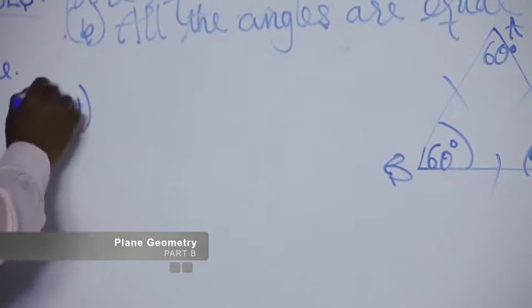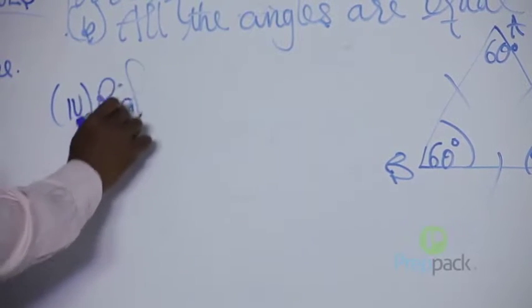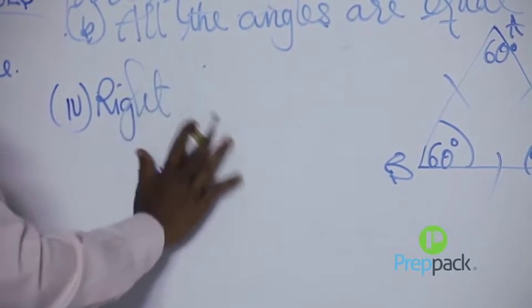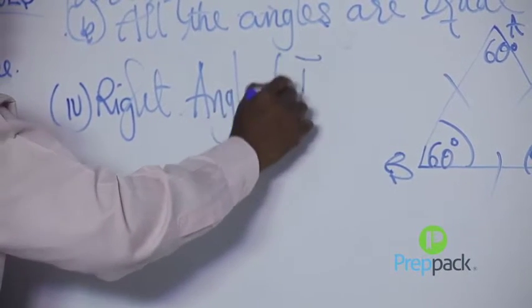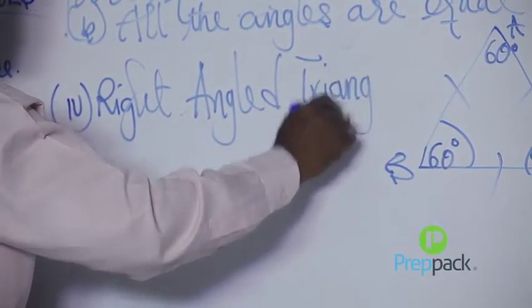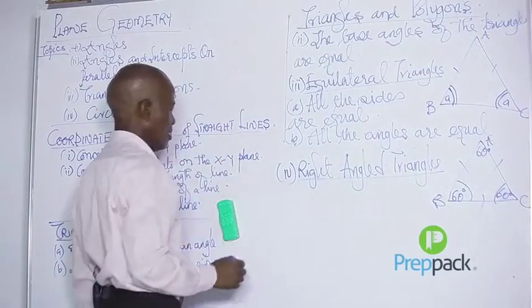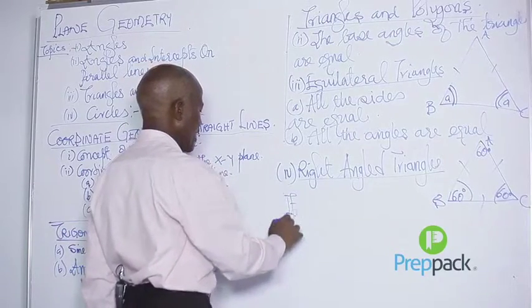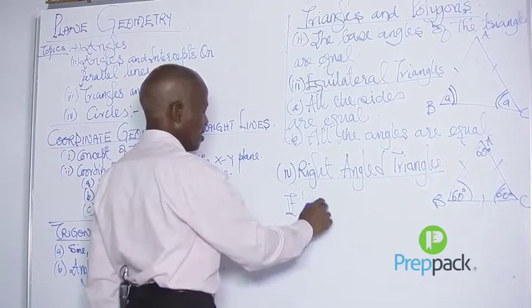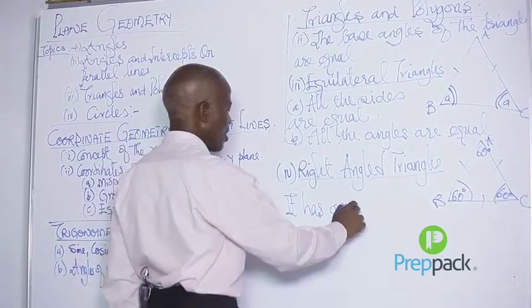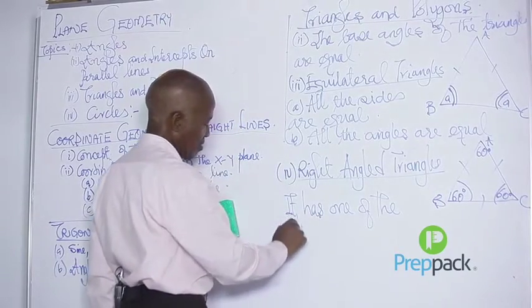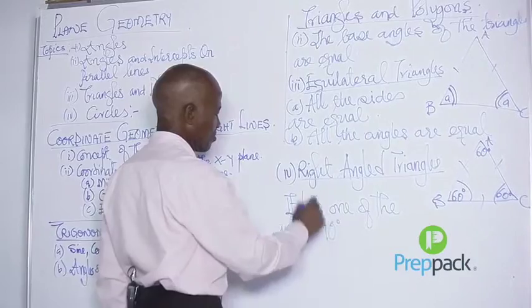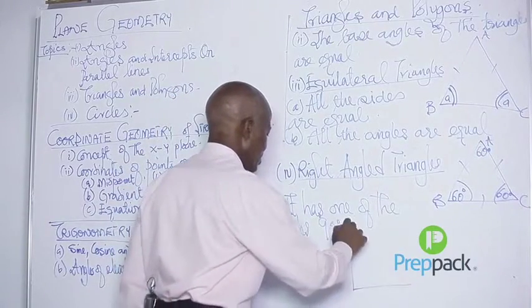We have a right angle triangle, that's 4. Right angle triangle. It has one of the angles 90 degrees, and it is like this.